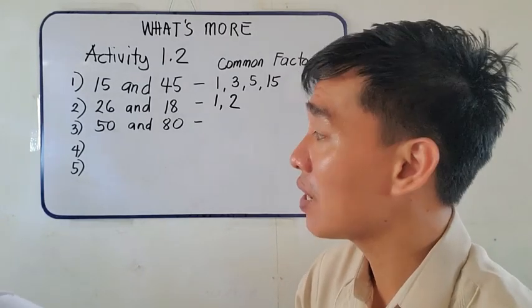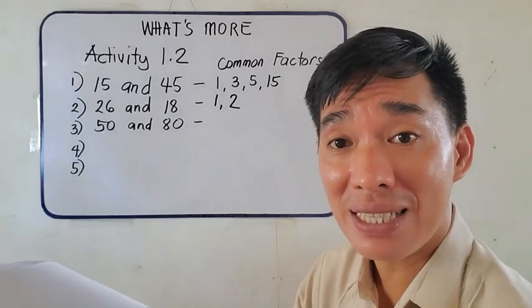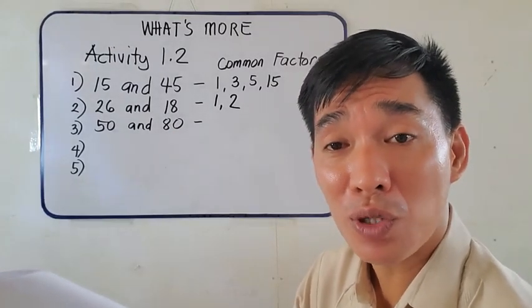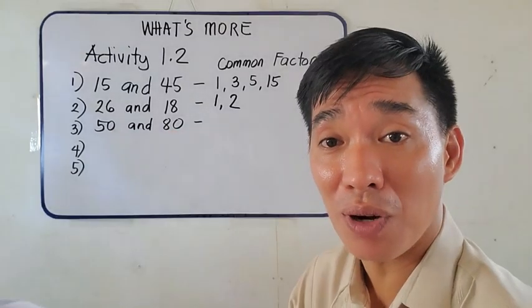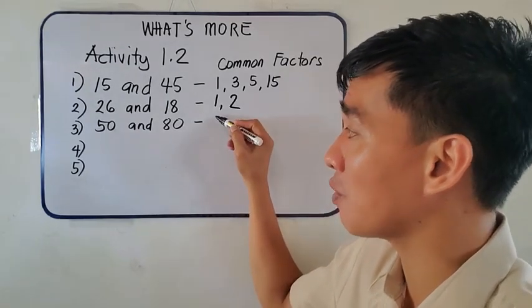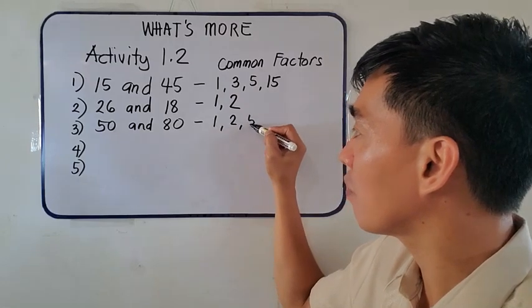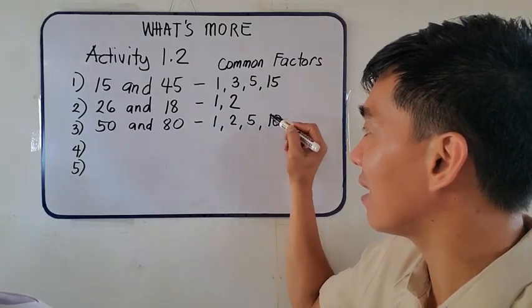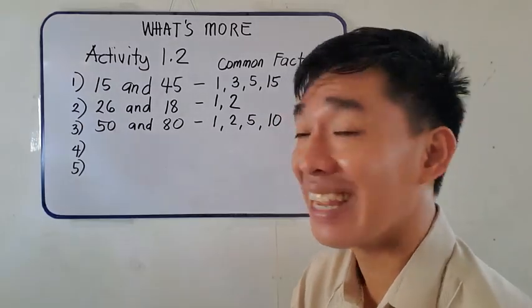And remember, if 50 and 80 are divisible by 10, both numbers are also even numbers. They end with 0 and 0, so that is also divisible by 2. Therefore, the complete answer for number 3 is 1, 2, 5, and 10. Those are the common factors of 50 and 80.